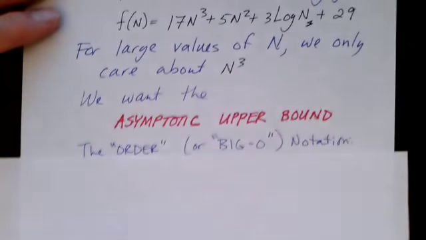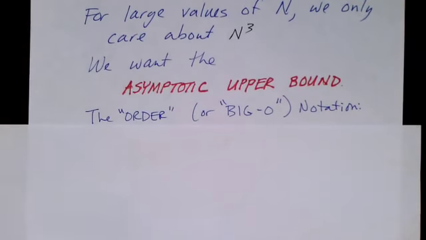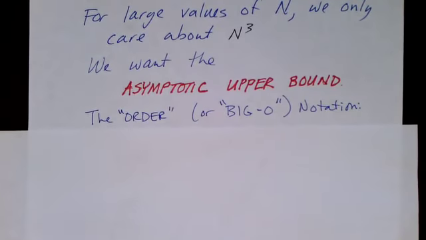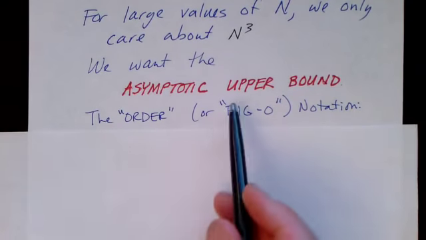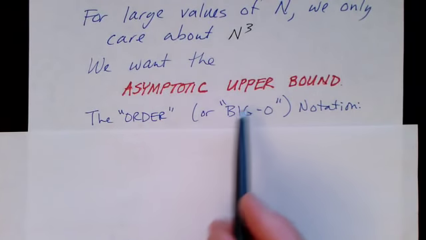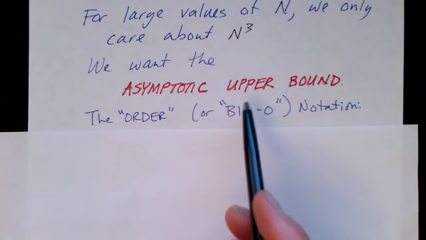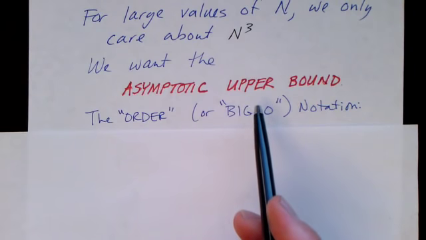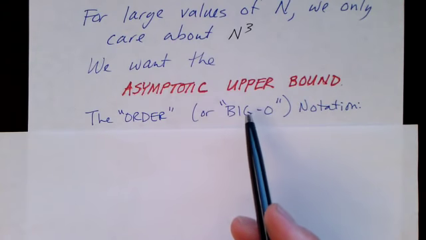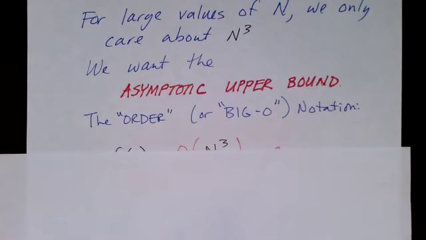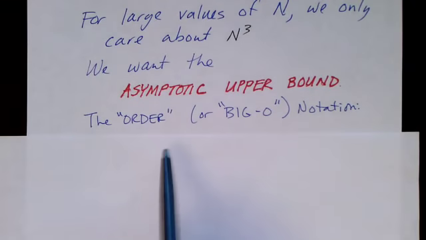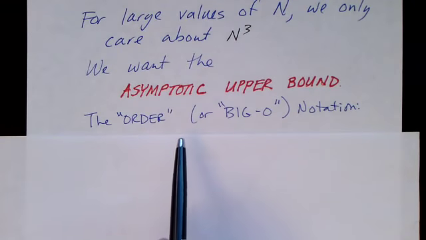So what we'll do is we'll take our functions and we'll ask about the asymptotic upper bound. In other words, we're asking what these things do when n gets very big, and what their asymptotic behavior is.